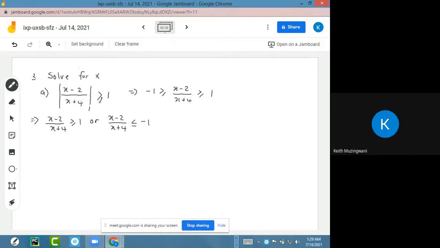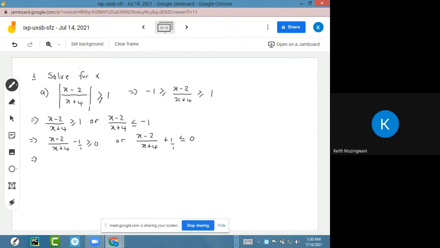So now, let's do the first piece. We'll have x minus 2 over x plus 4 minus 1 over 1 greater or equal to 0. Or the second piece, we'll leave it in this form also. x plus 4 plus 1 less or equal to 0.